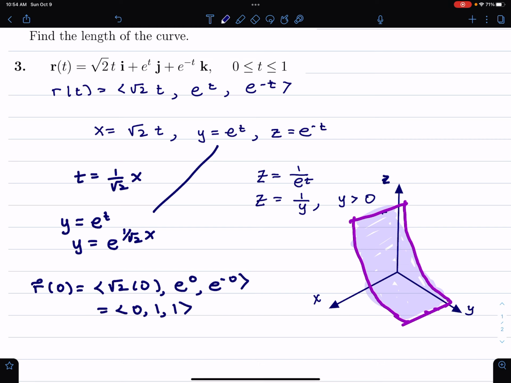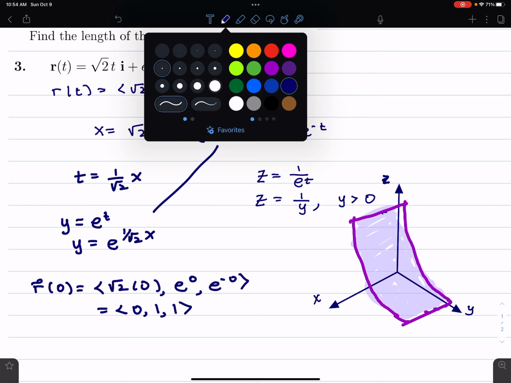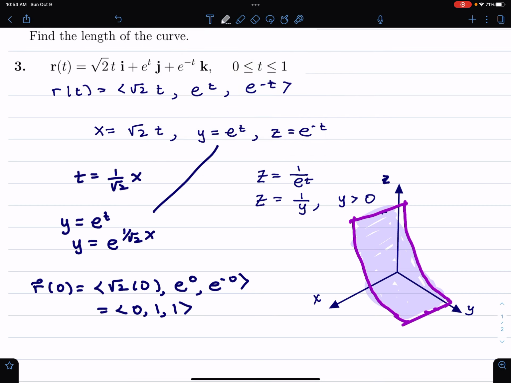Let me sketch this curve projected on the xy plane, because I have this function here in terms of x and y. This is just an exponential curve. Let's multiply by a constant, 1 over root 2, but it doesn't really change that picture very much. And so that's what it looks like on the xy plane.